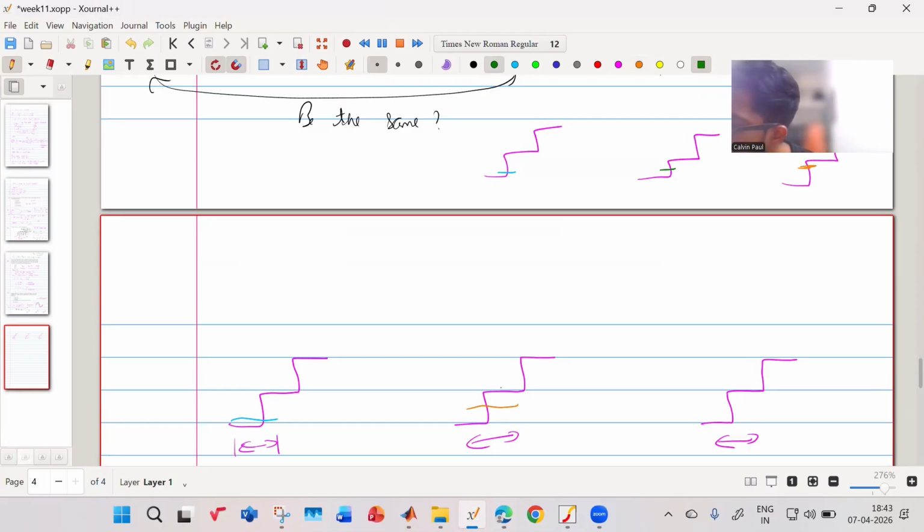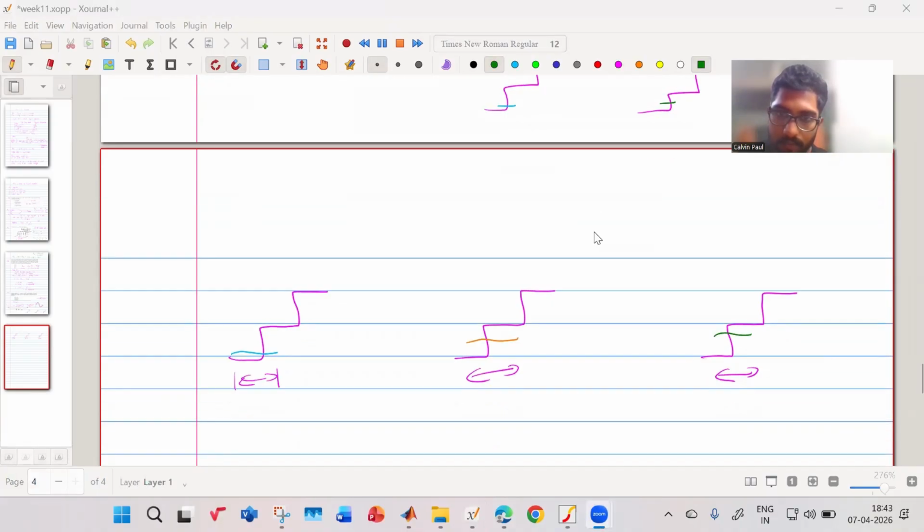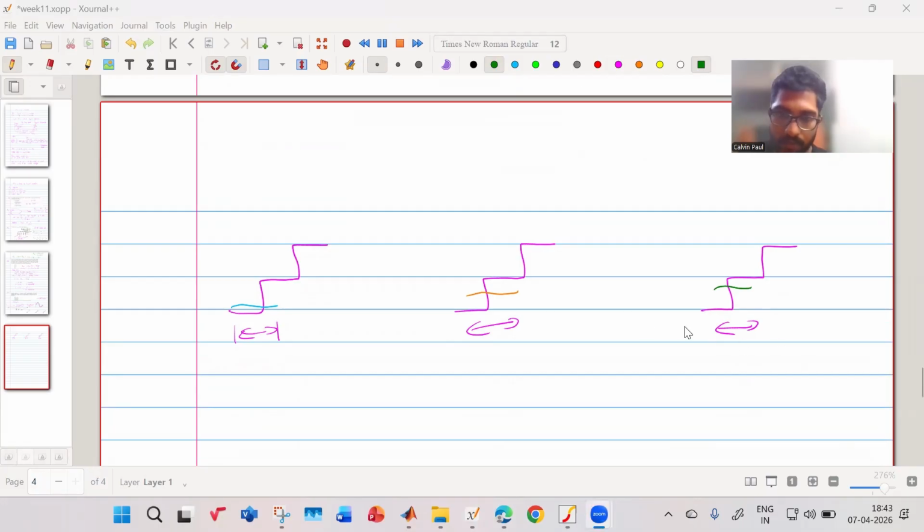In the second case, somewhere here. In the third case, somewhere here. Which one has the most error? First has more error. Okay. What about Kiruba? What do you think has more error?